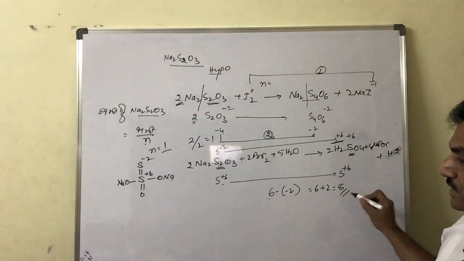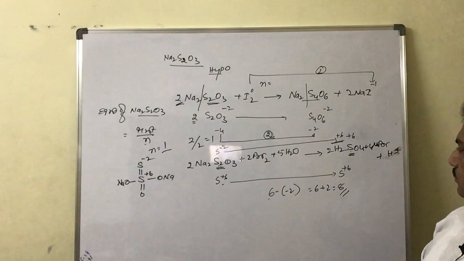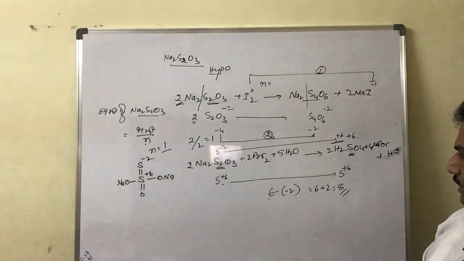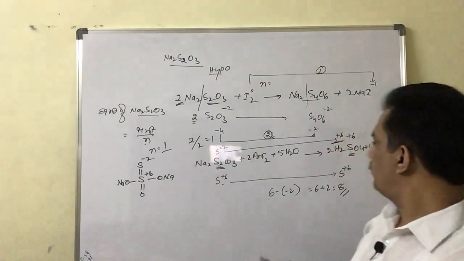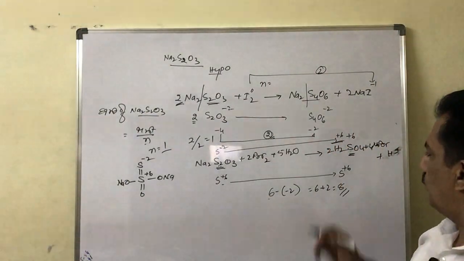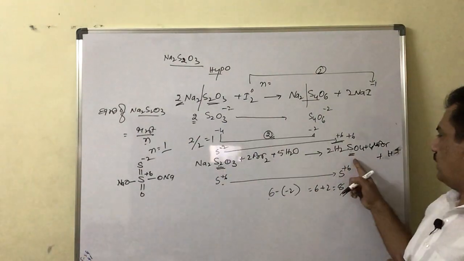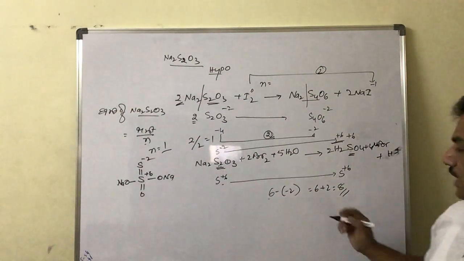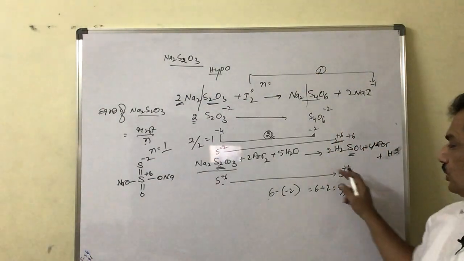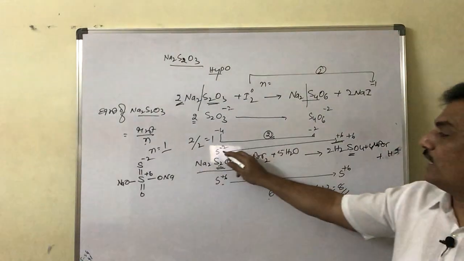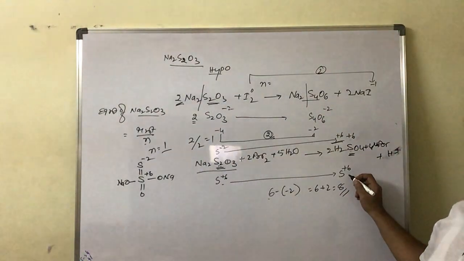And to get this 8 oxidation states, I think it is not required to consider 2 moles. Just remember 1 mole, because only 2 moles of H2SO4 are formed, only 1 mole is involved. Now when one molecule is involved, the N factor, that is the change in oxidation state, for one sulfur is 8 units and for the other sulfur there is no change in oxidation state.